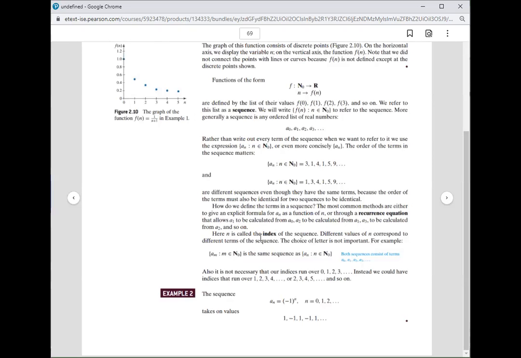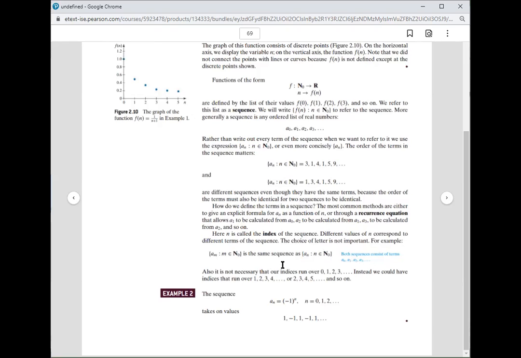So here n is the index of the sequence. Different values of n correspond to different terms of the sequence. The choice of letters is not important. For example, m could be used instead, which is the same thing as n being an element of the positive integers.